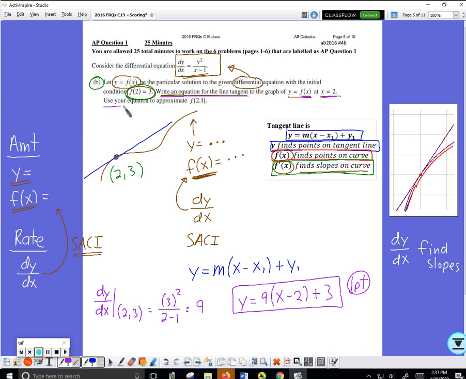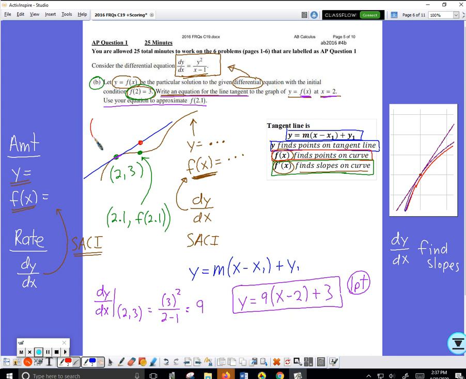Use my equation to approximate f of 2.1. So now I say, well, that's like saying here's x equals 2.1. The y-coordinate on that brown curve would be whatever the value of f is at 2.1. However, we do not have a formula for f. So they want you instead to go find this y-coordinate here.